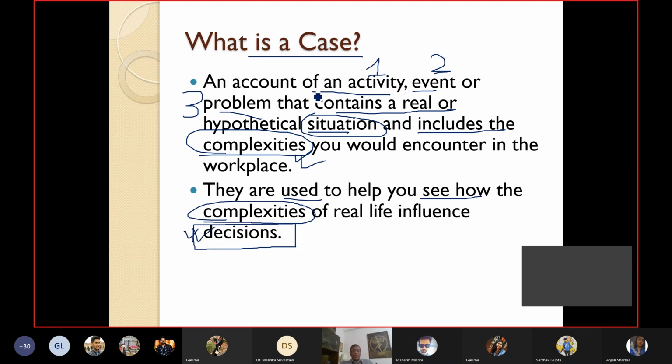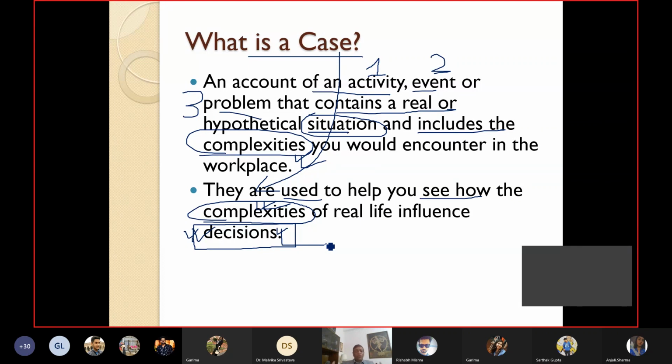So, cases, I'll just draw a line here to say cases are used to help you see how complex situations of real life influence decision making. So, this is what I call a case: an activity, event, or complexity in the workplace.